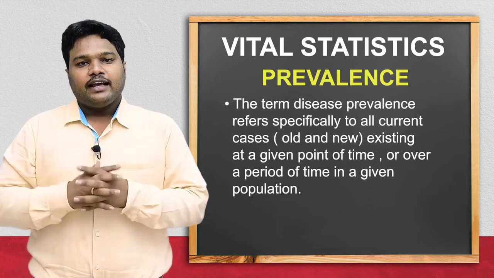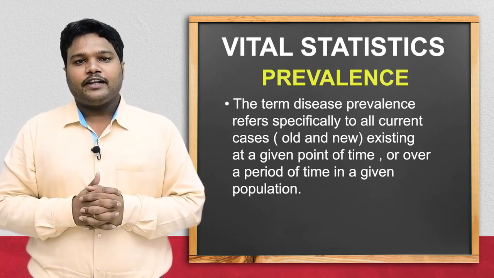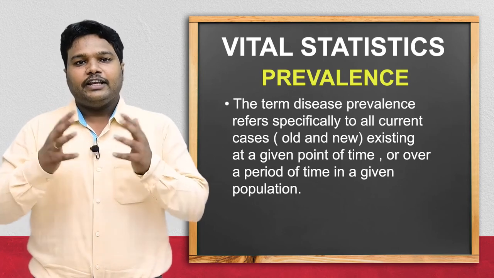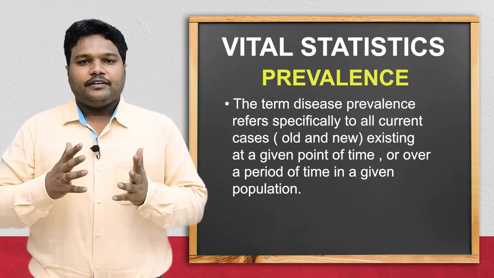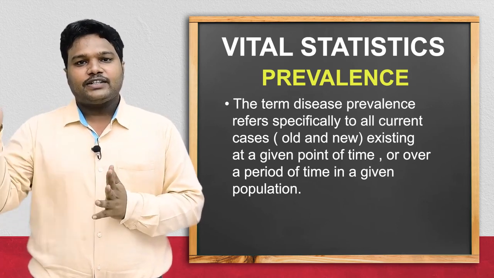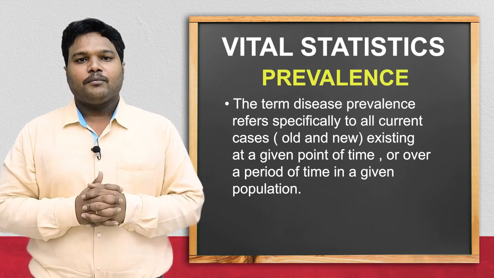Then if I access the healthcare services available in the community, I may recover from the hypertension and lead my life. If I don't access the healthcare services, it may lead to death. So this is the importance of morbidity.